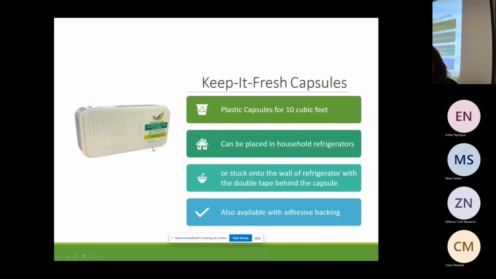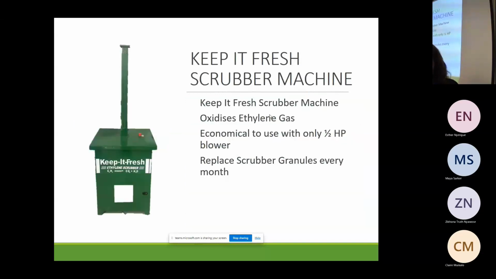And then we've got the capsules, usually plastic capsules for 10 cubic feet, which can be placed in a household refrigerator, or stuck onto a wall of a refrigerator with double tape behind the capsule, or they're also available with adhesive backing. So you can actually move them around within the areas depending on where you store your produce.